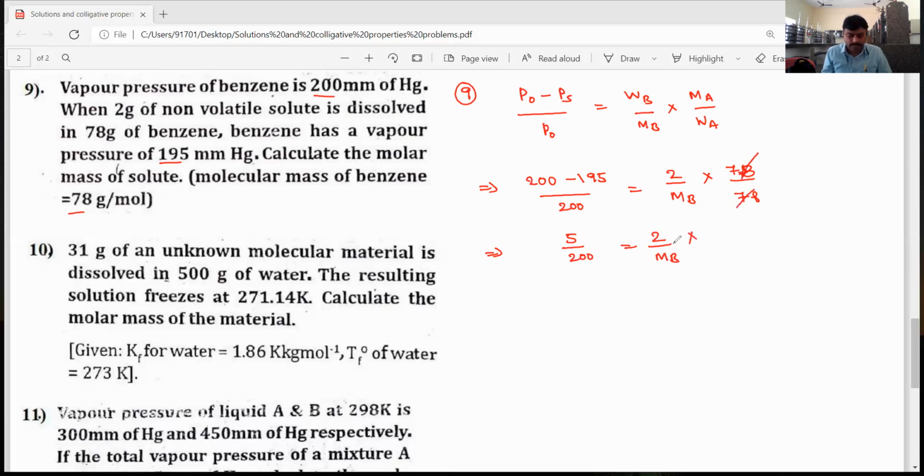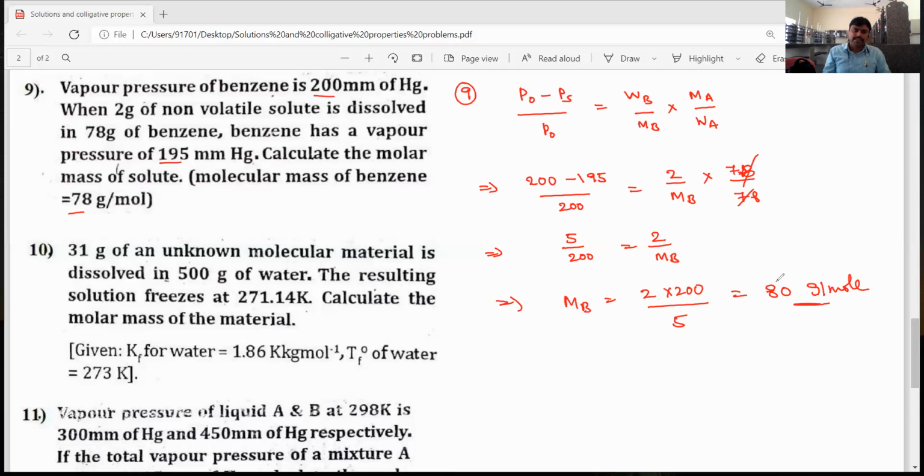The 78 will cancel. Then MB is equal to 2 into 200 divided by 5, which on simplification gives 80 grams per mole. So the solute gram molecular weight is 80.